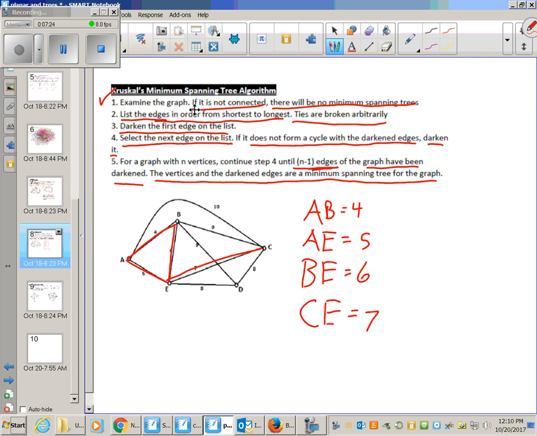After CE, it looks like we have ED and DC with 8. It doesn't matter which one you put first, just put both. So I'll put ED first, and then DC with 8 as well. Then we got DB and BC both with 9.